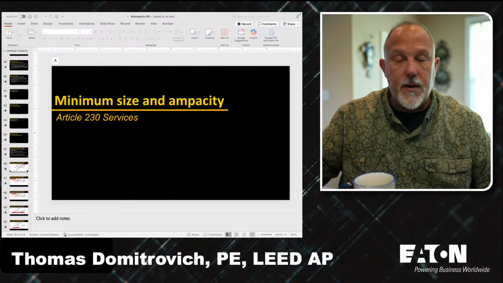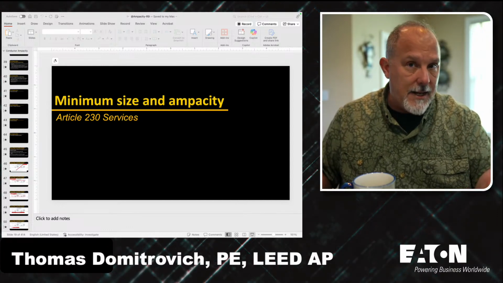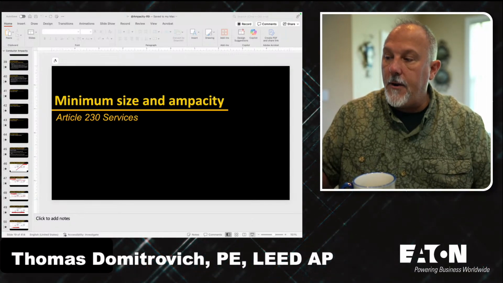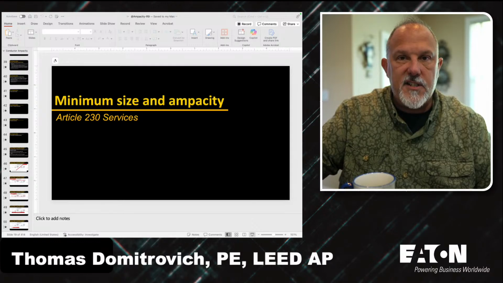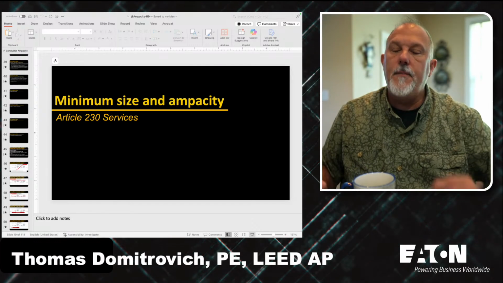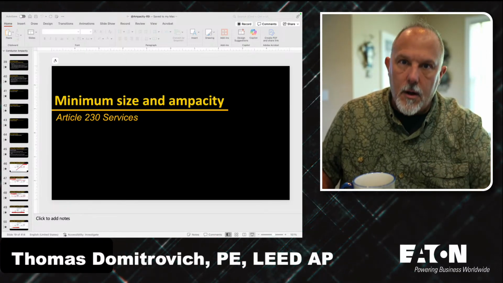So as I'm going through this, and we saw this over the last few sessions, I am comparing the requirements, the selection of our conductors, and the code rules, and going back to the product standards to make sure that we're all in alignment.